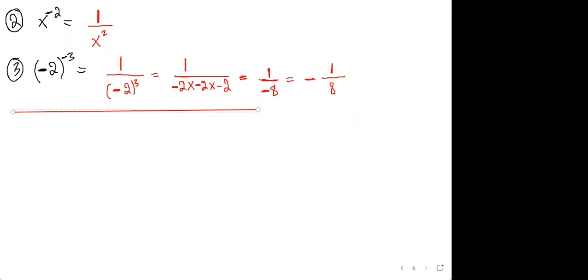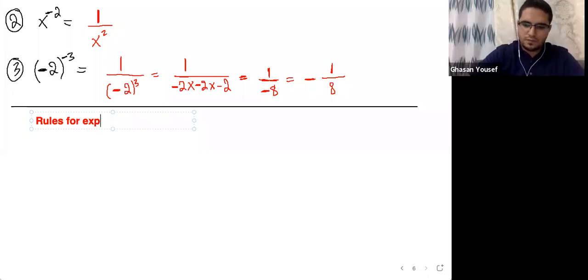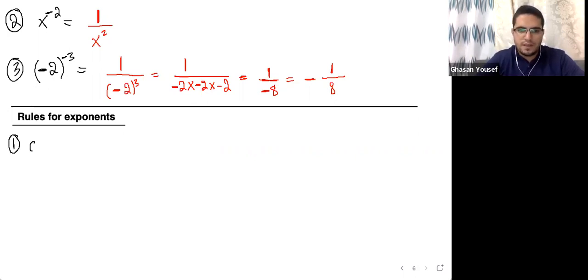So first rule says, if I have a to the power m times a to the power n, this is equal to the same base, see, but with different power.